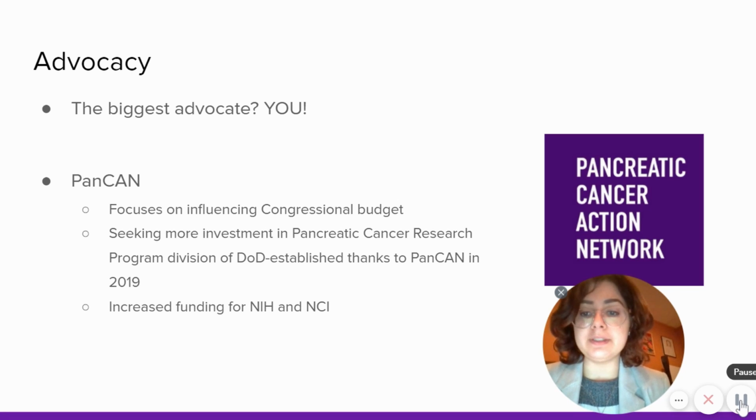One of its more recent goals is seeking more investment in the Pancreatic Cancer Research Program Division of the Department of Defense, which was established thanks to PanCAN in 2019. Additionally, PanCAN helps increase funding for the National Institute of Health and the National Cancer Institute.